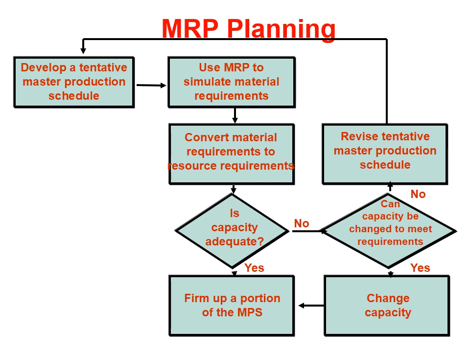Yes: firm up a portion of the master production schedule. No, the capacity is not adequate. Can capacity be changed to meet requirements? Yes: change capacity and firm up a portion of the master production schedule. If the capacity change cannot meet requirements, revise the tentative master production schedule.